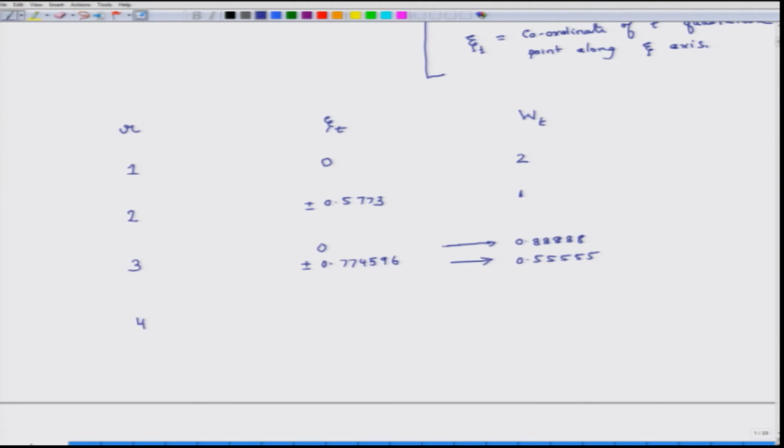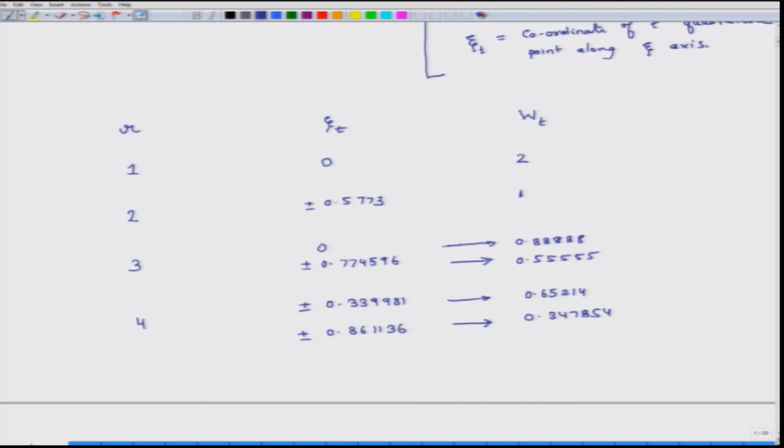And I can also have r as 4, where there are 4 points. So, 2 points are plus minus 0.339981, and the other 2 quadrature points are plus minus 0.861136, and the weights associated with the first 2 points is 0.65214, and the weights associated with the other 2 quadrature points is 0.347854.